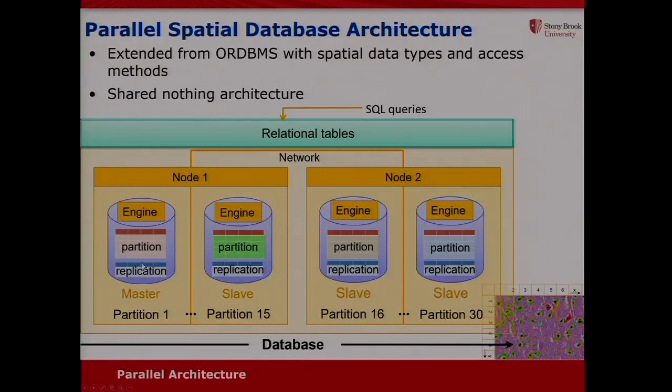We have a master partition, which will handle all the user requests. Whenever you submit a query to the database, the master partition will take your query and translate it into multiple parallel jobs across all the partitions. So we have a single master partition, and all other partitions are called slave partitions.